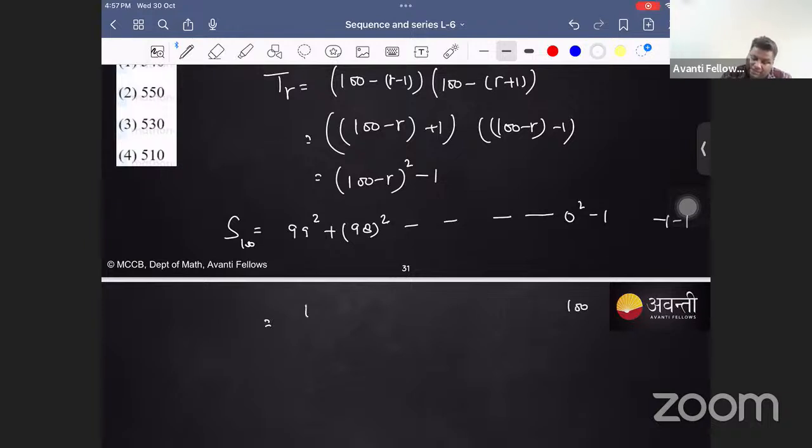And the rest is 100 into 101, 99 terms are there, n plus 1, 2n plus 1, divided by 6.